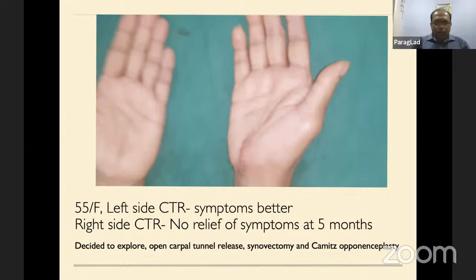So we did an ultrasound, and it showed significant fibrosis around the median nerve, and some flexor tenosynovial tissue hypertrophy was also noted.